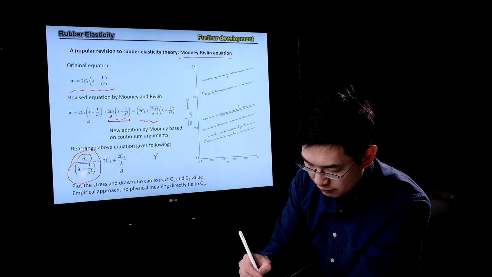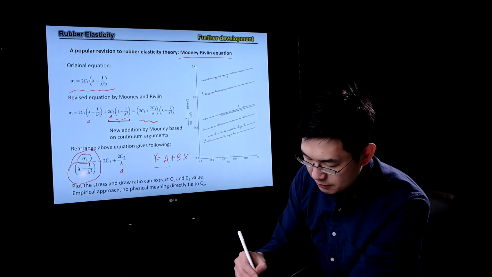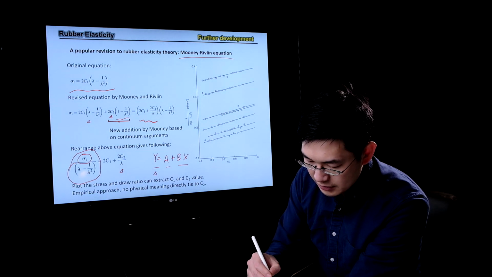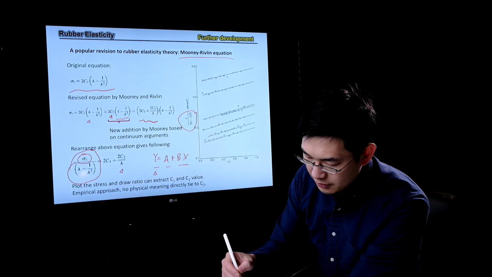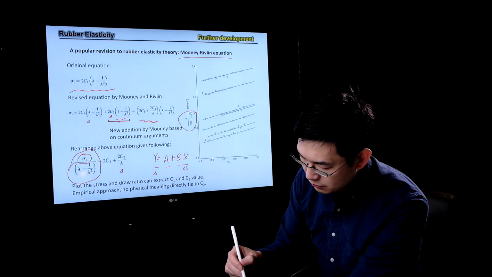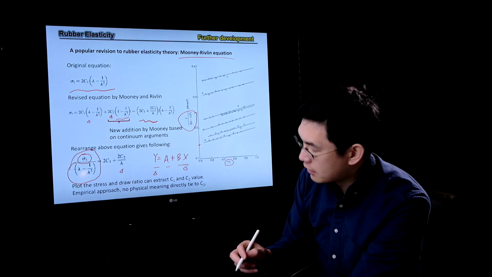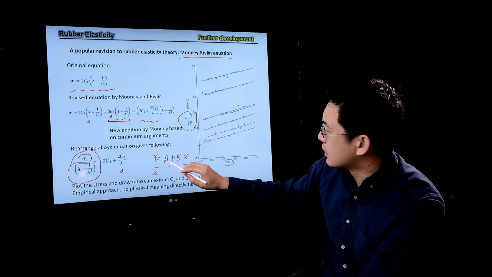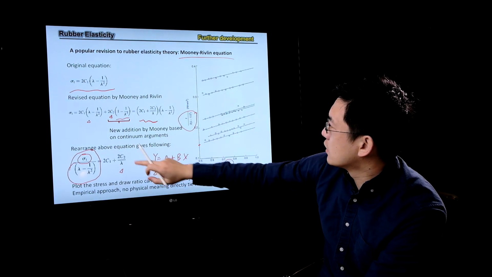Again, I'm going to ask you to take a look at this equation, y equals a plus bx. So here y is plotted as stress divided by lambda minus 1 divided by lambda squared, and x is equal to 1 divided by lambda. If you plot this way, the intercept with the y-axis will give you C1, and the slope of this curve will give you C2.